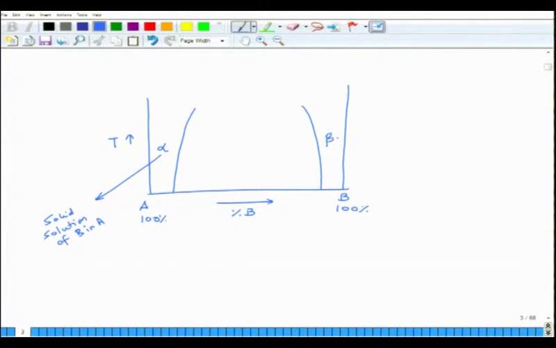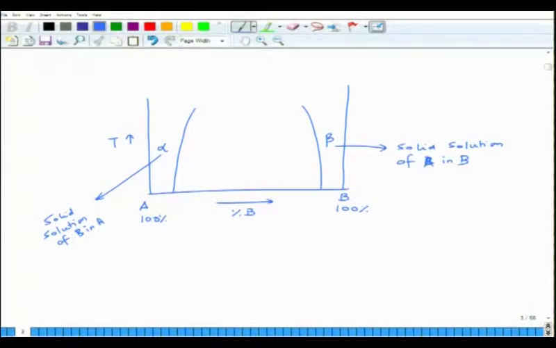So basically it is A with some of the A atoms replaced by B. This is the beta phase, which is a solid solution of A in B. Essentially it is nearly B with some atoms replaced by A, and this is a substitutional solid solution, a disordered substitutional solid solution.